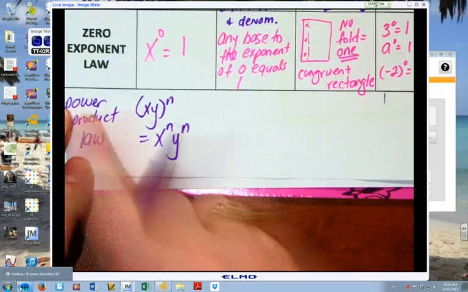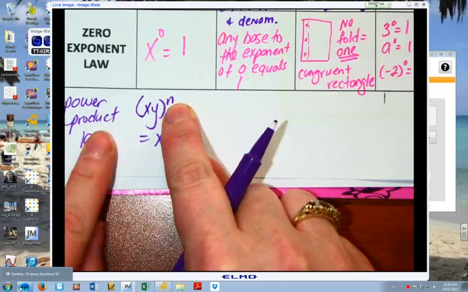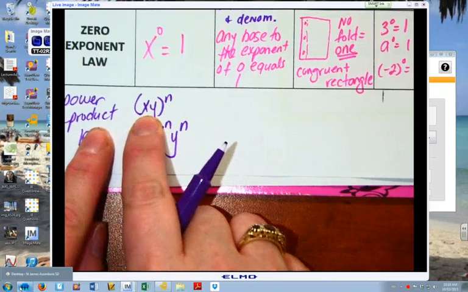So why is it called power law? Because we have a power on the outside. Why is it called product? Because what are we doing inside the brackets? Multiplying.